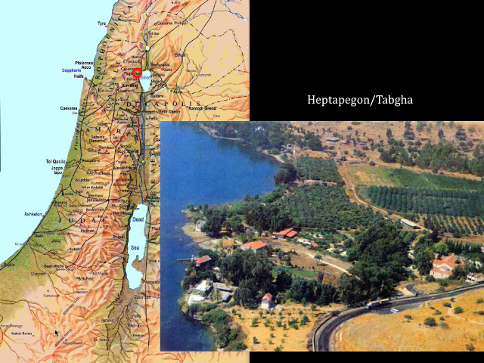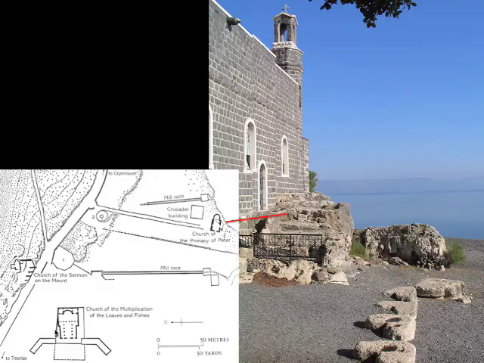Heptapegon means 7 springs in Greek, and the site is just south of Capernaum, hard on the shores of the Sea of Galilee, right here, a very tiny, adorable site, where in the latter part of the 19th century, German archaeologists, or actually more properly biblical scholars, excavated a number of sectors. So here's the road, and here's the hills, and the Sea of Galilee is right here.